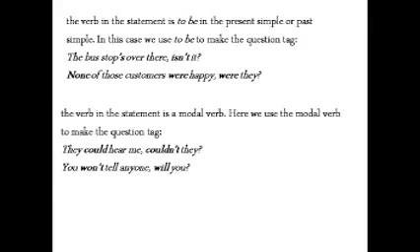The form of to be is am, is, are, right? So if it is in the simple present, you would use is. The bus stops over there, isn't it? The sentence is in the positive, and therefore the tag should be in the negative. And since it is a to be form, you have to use the to be word or the to be tag. That is. The bus stops over there, isn't it? None of those customers were happy, were they?